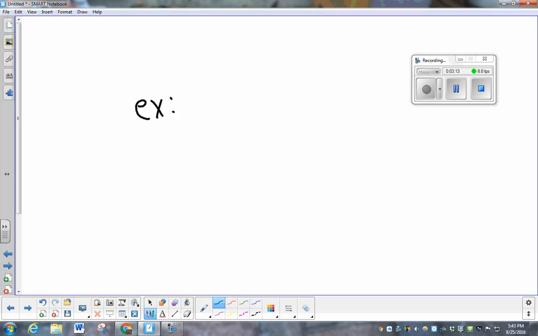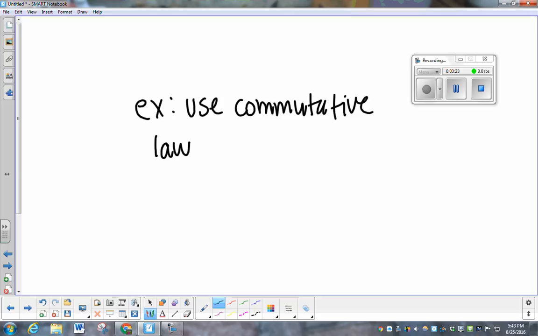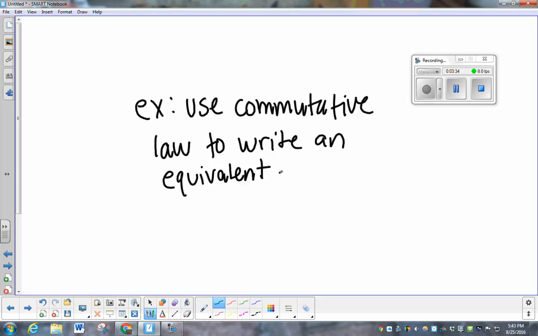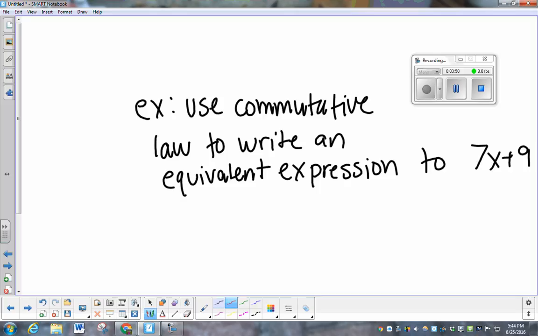An example that you might get might say something like this: use the commutative law to write an equivalent expression to 7x plus 9. So we're going to try and use the commutative property, the property that says we can go back and forth, to write something equivalent to 7x plus 9.